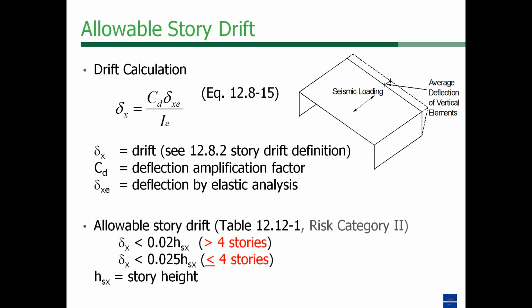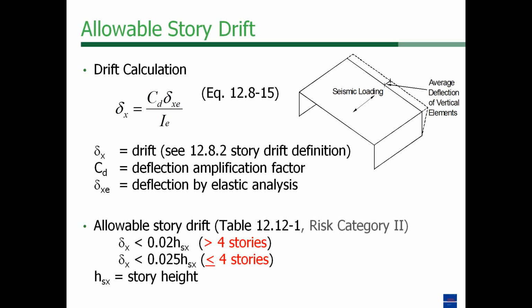The deflection that's calculated is an elastic deflection, delta sub XE, and that's multiplied by the deflection amplification factor and then divided by the importance factor. And this delta sub XE term is really an amplified deflection, delta X, that's shown here.